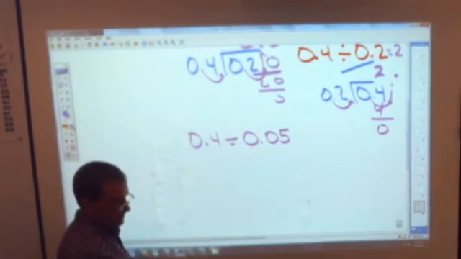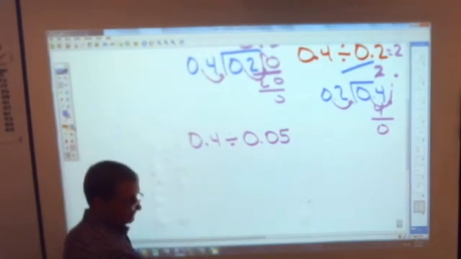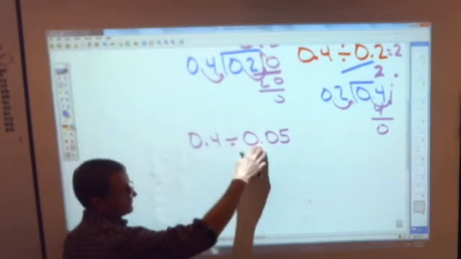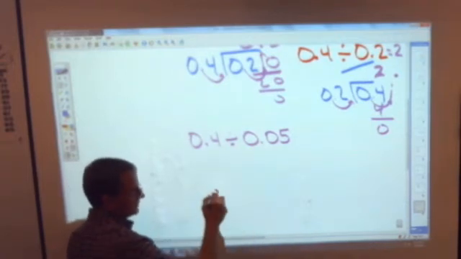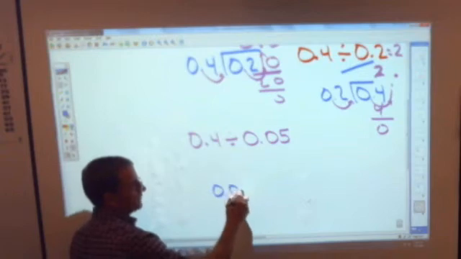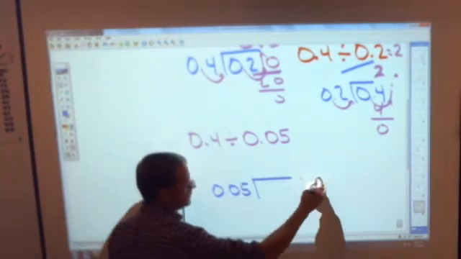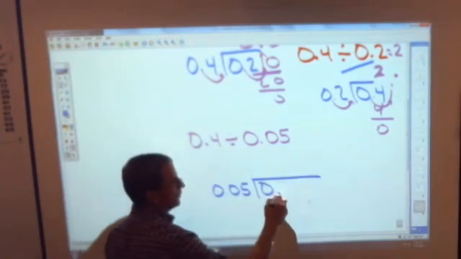When I write this out as a division problem, which one goes on the outside? No, second one. It's being divided by this, so 0.05 goes out here. Under the box is 0.4.